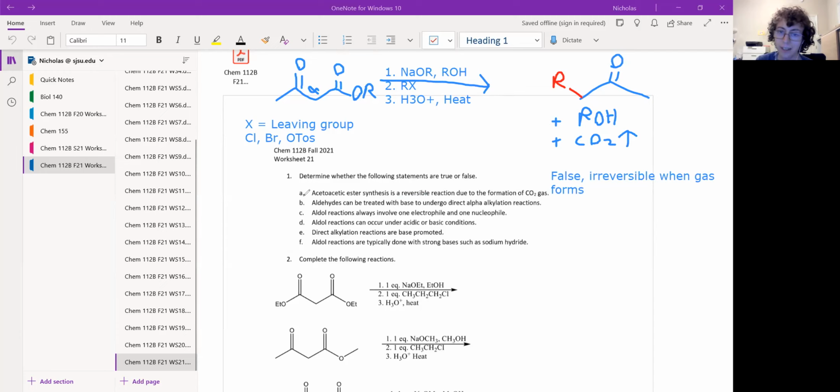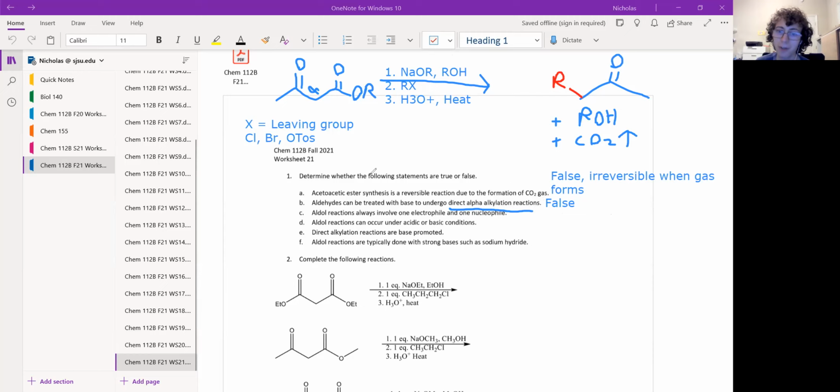The next one is aldehydes, and aldehydes can be treated with base to undergo direct alpha alkylation reactions. This one is false. There's a couple carbonyl compounds and stuff related to carbonyls that you can do this kind of reaction with, direct alpha alkylation reactions. These are where you add a base and then you add an RX and it puts an alkyl group on the alpha spot.